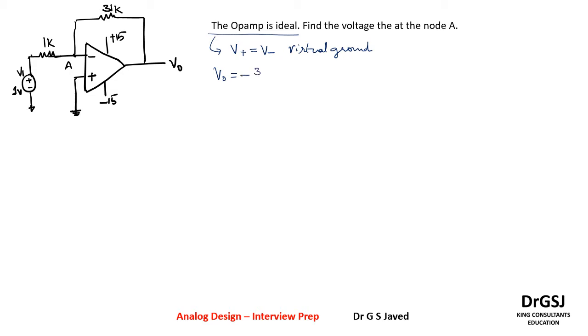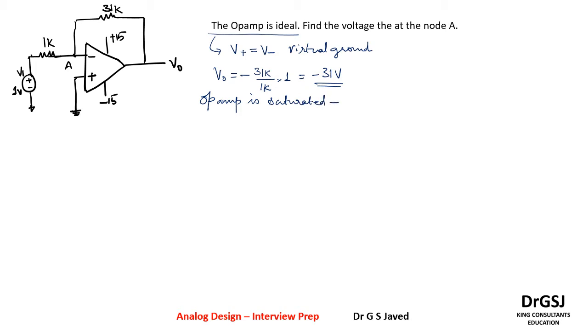So here it is minus 31K by 1K times 1 volt, which is minus 31 volt. Now if you observe, minus 31 volt is beyond the supply ranges. So that means the op amp is saturated, right?